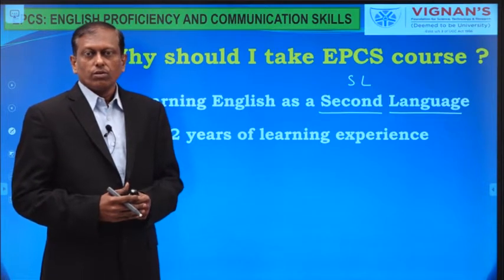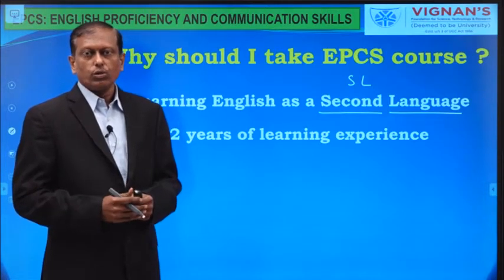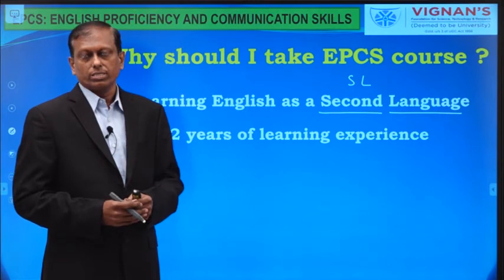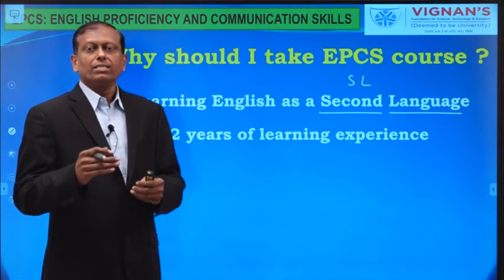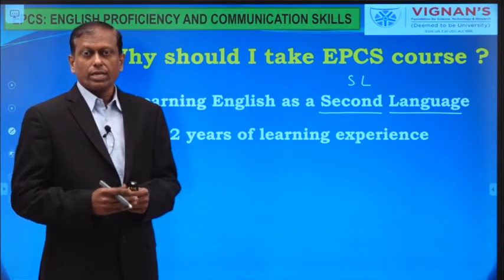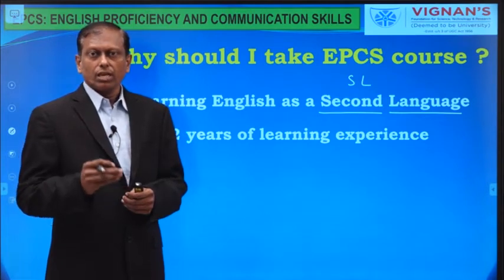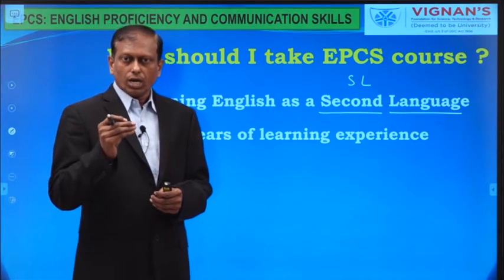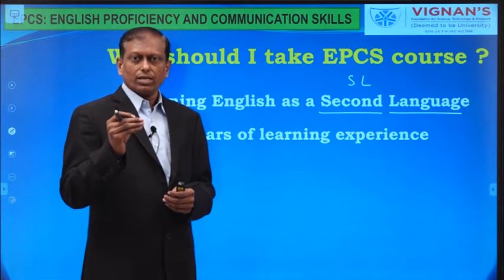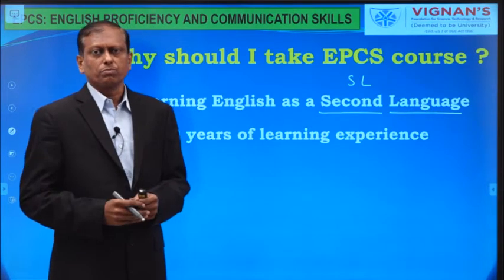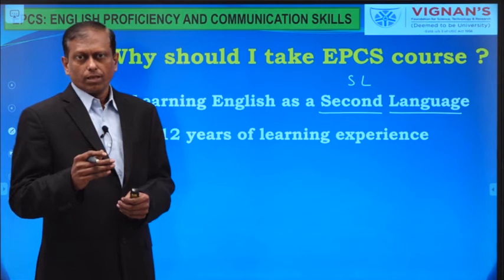Think of when you were 1 year old, you were able to utter certain words. And by 3 years, you were able to express your needs, your hunger, your likes, your dislikes.